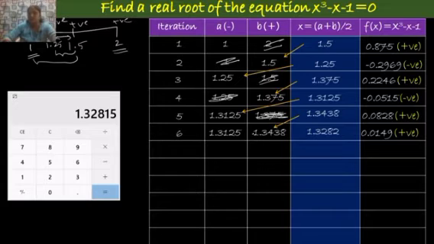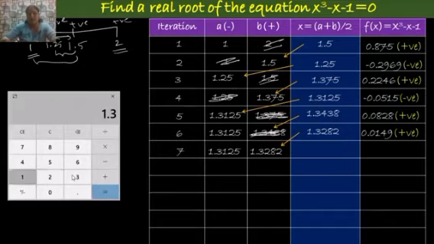If it is positive, again you have to replace the value of B, in the seventh iteration. So 1.3125, there is no change in the value of A. You replace the value of B by 1.3282. Adding these two values together, 1.3125 plus 1.3282, you get 2.6407, and dividing this by 2, you get 1.3204.